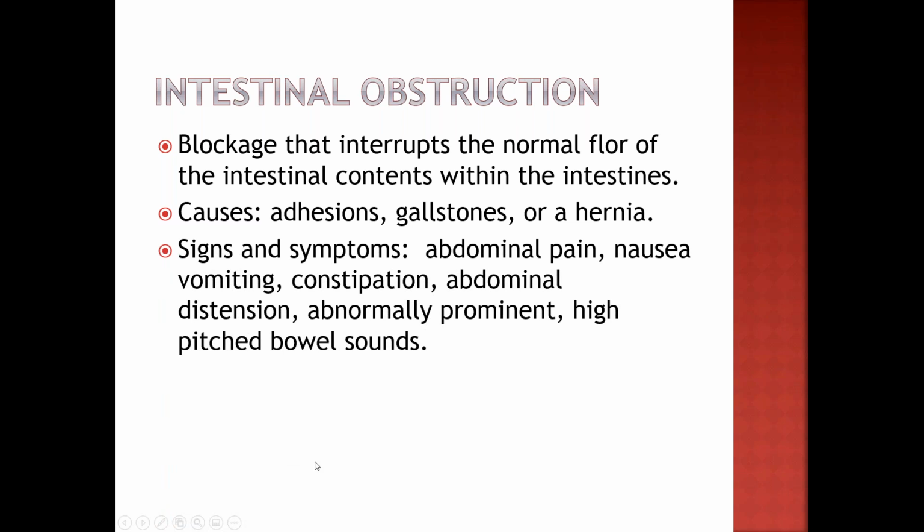Signs and symptoms that we can see associated with this: abdominal pain, nausea, vomiting, abdominal distension, and then we could also see high-pitched bowel sounds. We're not going to talk too much about bowel sounds because this is more of a nurse skill or an ER physician skill.